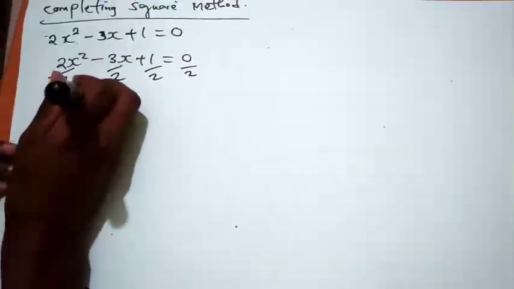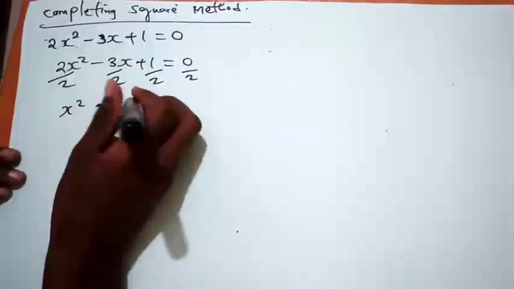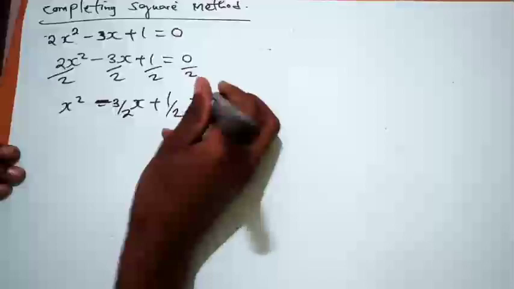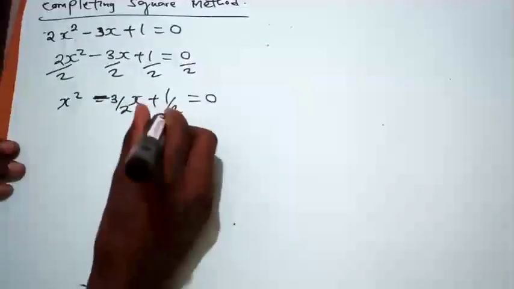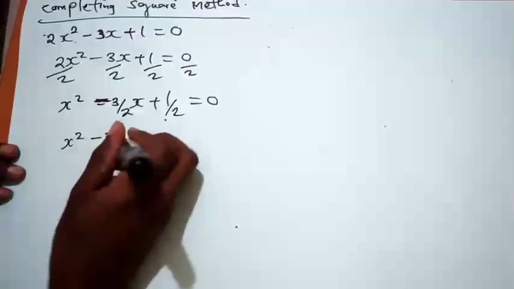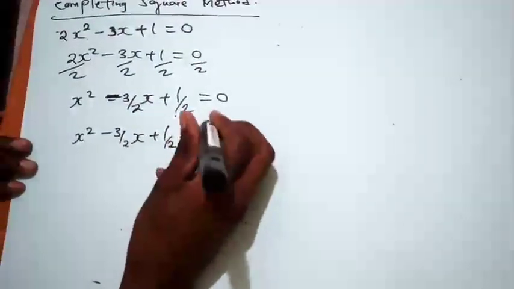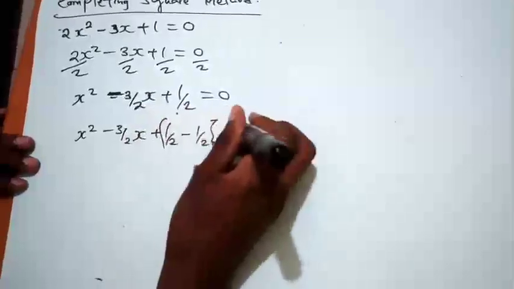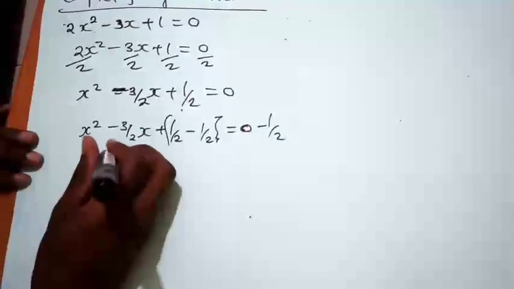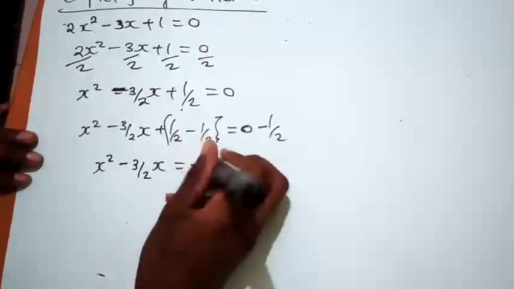So we are going to have x squared minus 3 over 2x plus a half equals 0. We take this a half to the other side of the equation. We are going to have x squared minus 3 over 2x plus a half minus a half, to do away with it, equals 0 minus a half. So we are going to have x squared minus 3 over 2x equals negative a half.